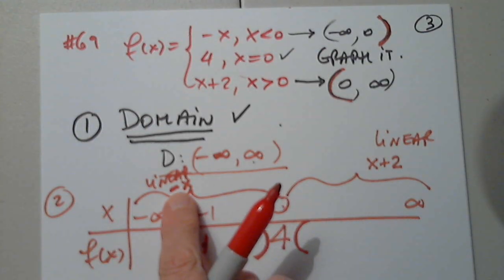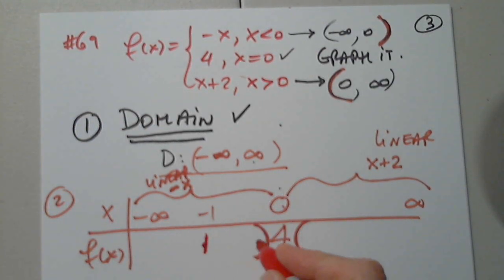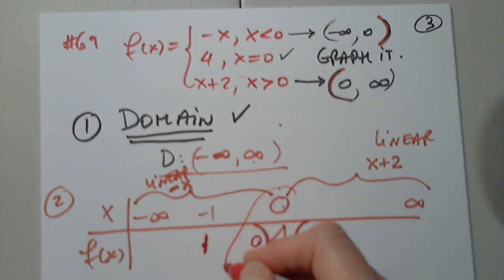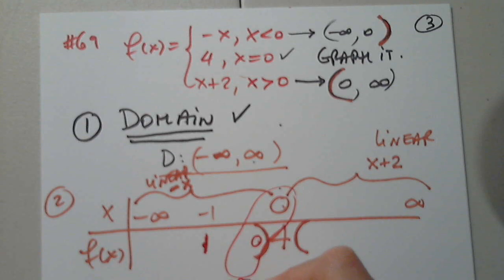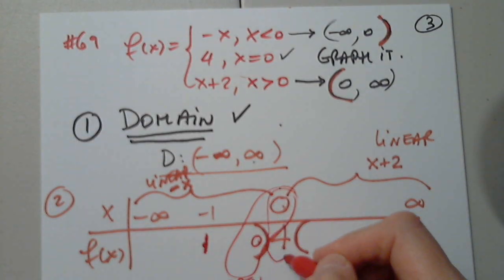So when we plug in 0 here, what do we get inside the parenthesis? Zero. Yes. Perfect. So this will be an open point. This will be a full point.